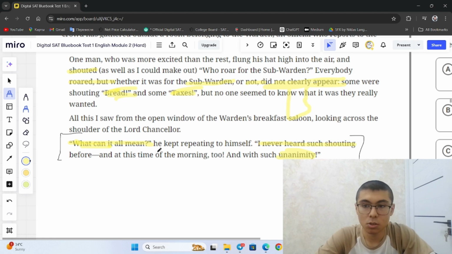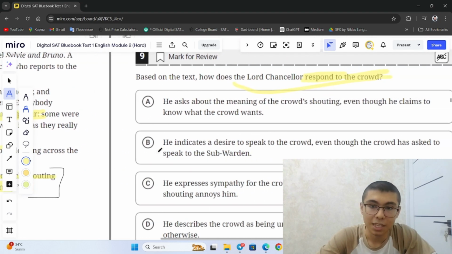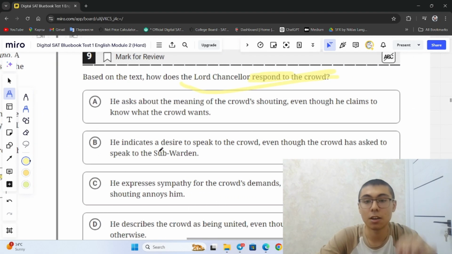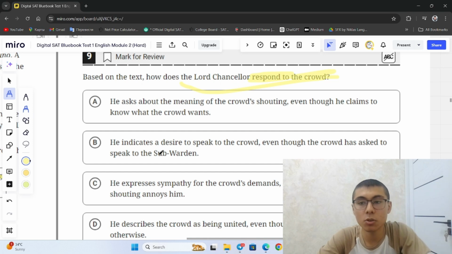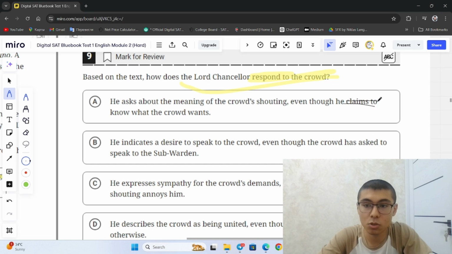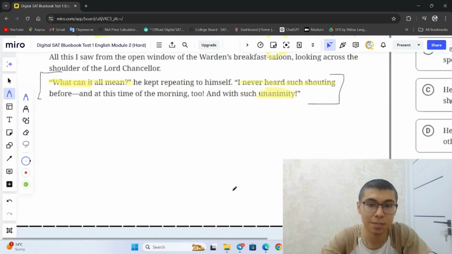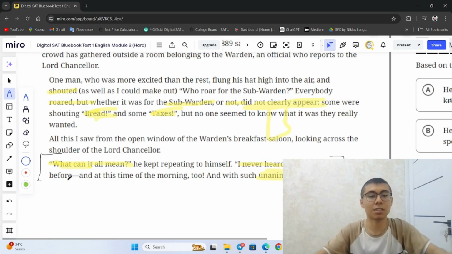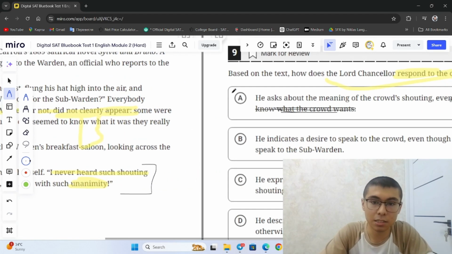So let's have a look at the choices. A: He asks about the meaning of the crowd shouting, even though he claims to know what the crowd wants. He doesn't claim to know what the crowd wants, because he himself is asking what can it all mean. So A is incorrect.